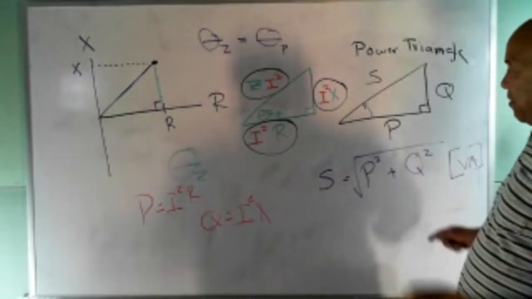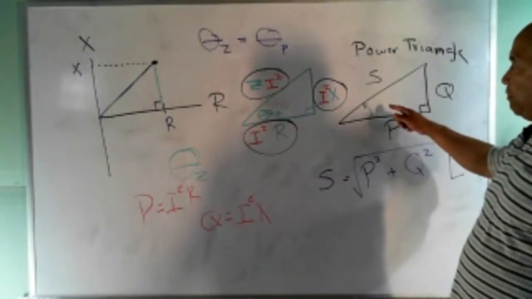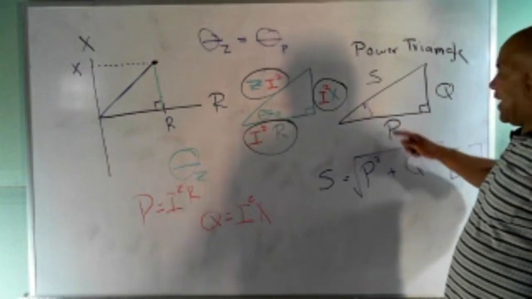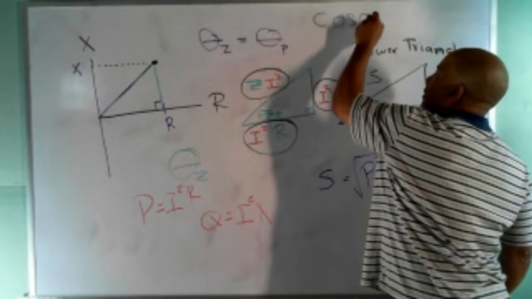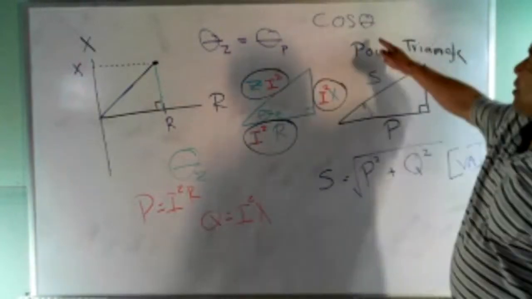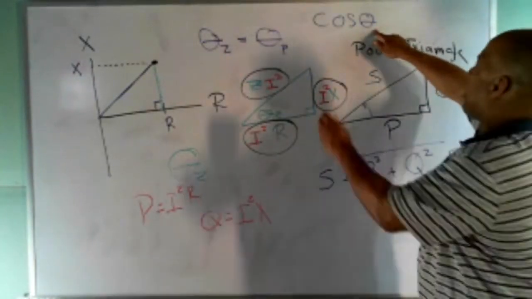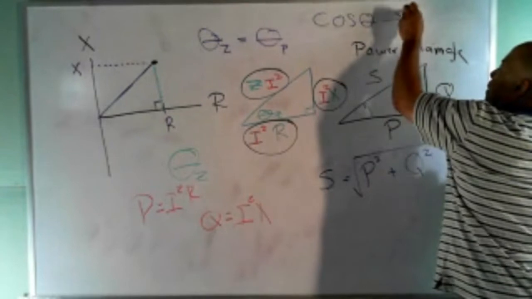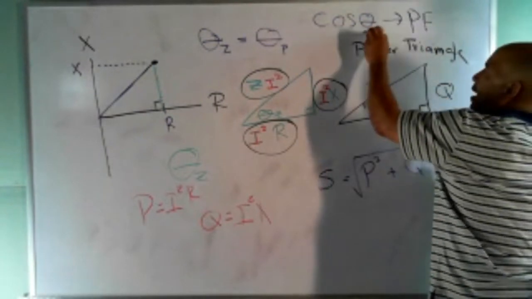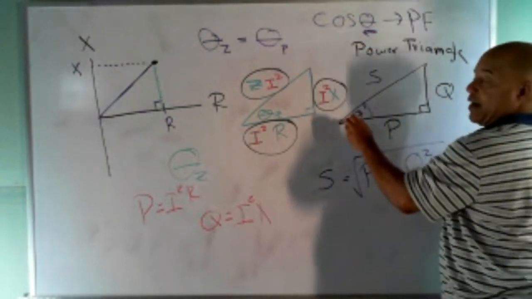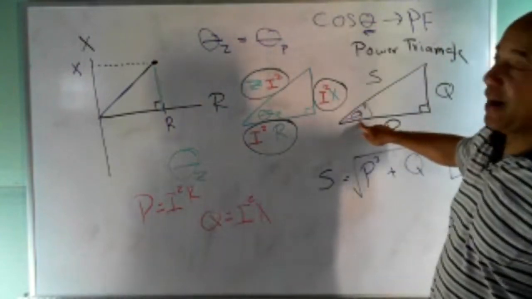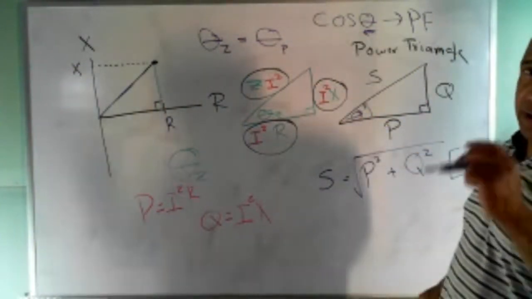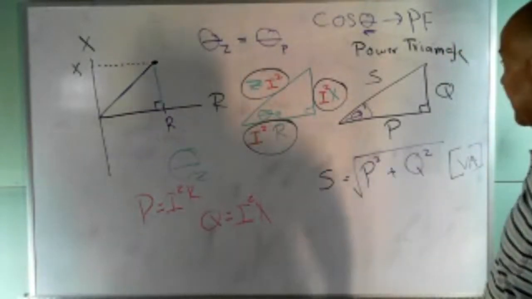But it's the same angle that, remember we had this cosine theta? We'll come back to that, but that cosine theta, we call that the power factor. Well, that angle right there and this angle right here are the same. So we'll end up using the fact that that power angle is the angle between the volts and the current. They're the same angle. That could be useful information for later on.